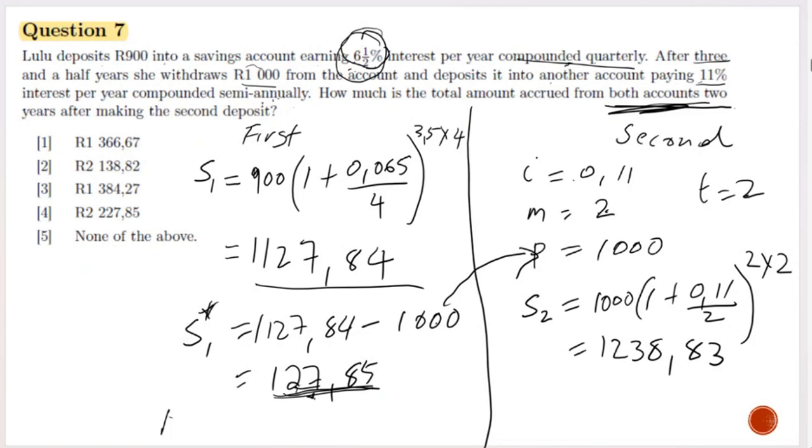So now the accumulated amount here is going to be equal to 127.85. These are the similar conditions: it is 0.065 divided by 4, and this account needs to run for 2 years because it's a new period. That's what they're saying, after 2 years.